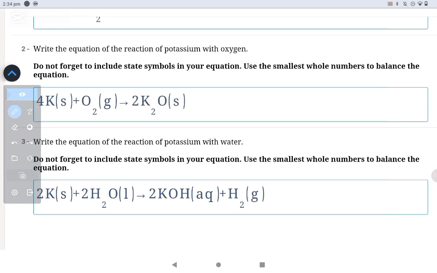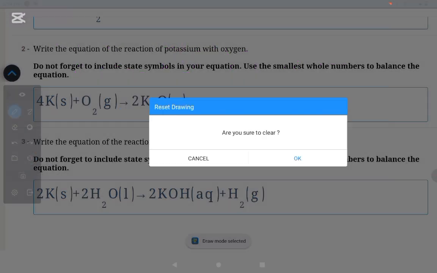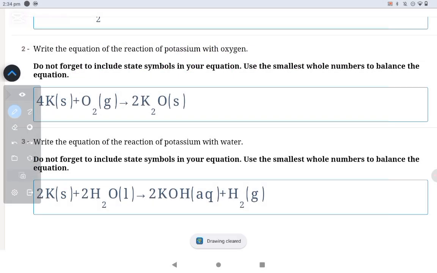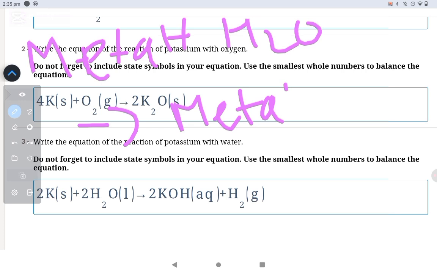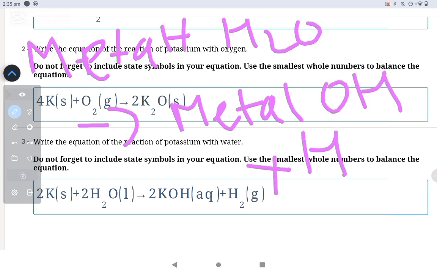Like I said, whenever a metal reacts with water, metal plus H2O will give you a metal hydroxide plus hydrogen gas.